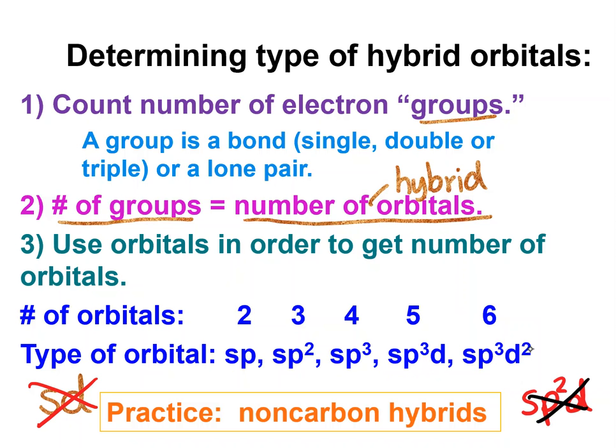They count up in this order, and it is a definite pattern. Remember, this also works as the electron group count. So if I have 4 electron groups, my hybrid is sp3. If I have 2 electron groups, my hybrid is sp.